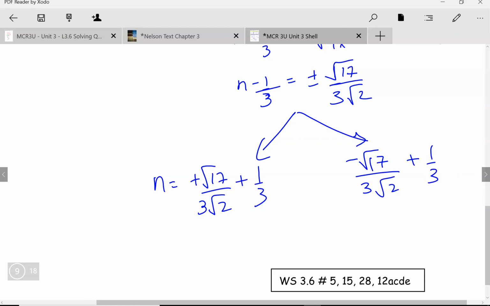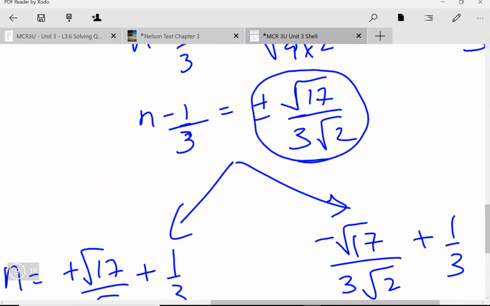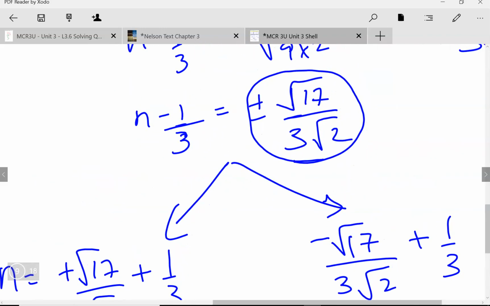But what I do have to do here is rationalize this, which is going to give us the answer back in the proper form. We remember how to rationalize. Hopefully, to rationalize, we have to multiply both numerator and denominator by whatever is bothering us. In this case, it's the square root of 2.